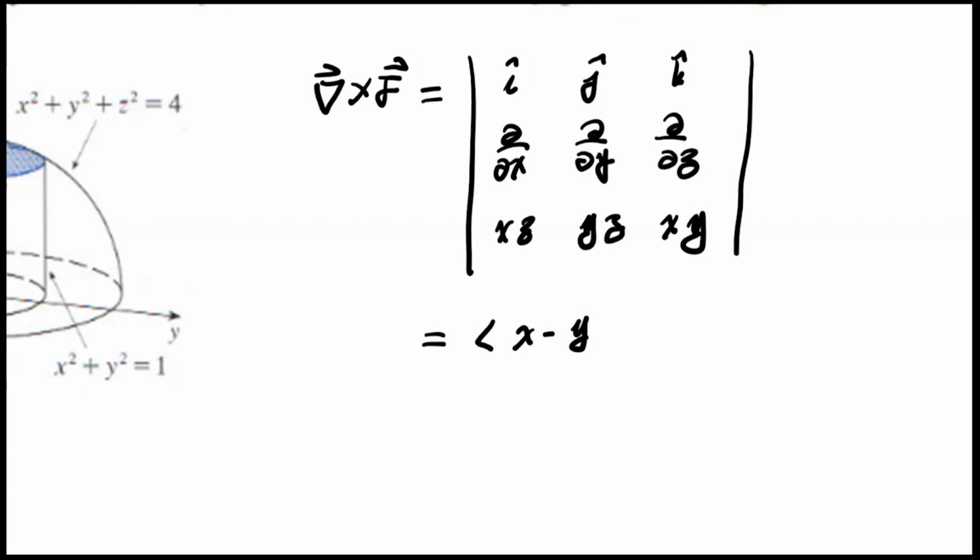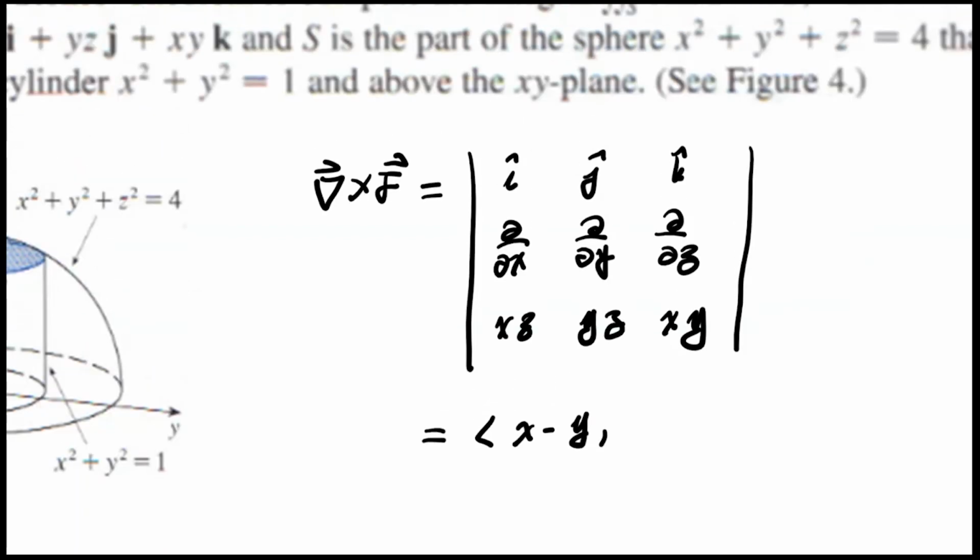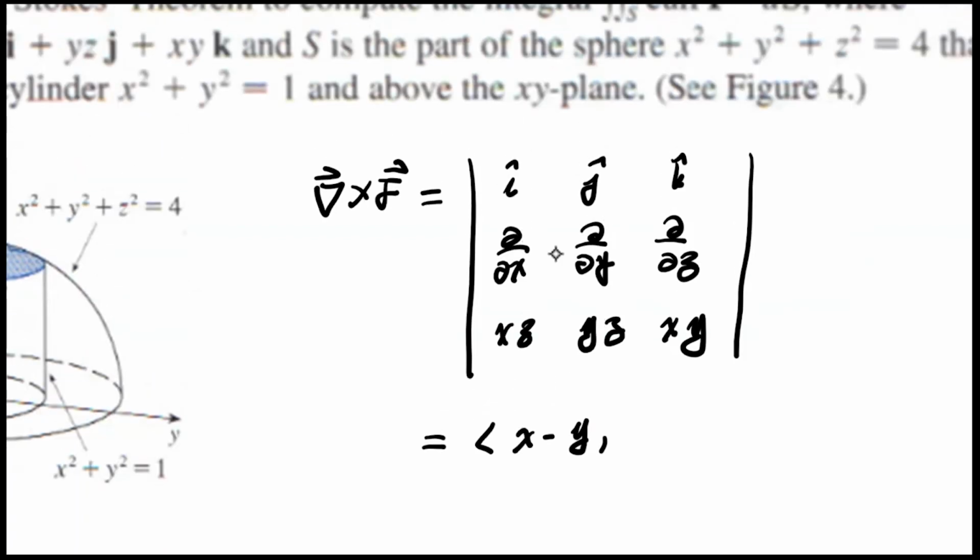Then the j component, let's do it this way: x minus this with y. And the k component: this way with 0, and this way is 0. So at least this is 0.